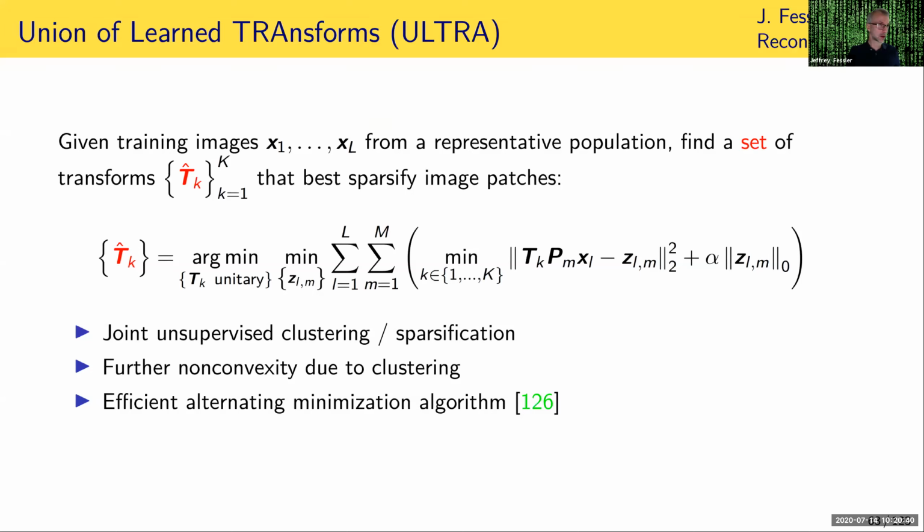No explicit encouragement, but I think there is no benefit to learning the same transform twice, right? If you happen to have 2 transforms that were exactly the same, I am sure I could immediately reduce the cost function by taking one of those and changing it to something else, because some of the patches would then be better sparsified by that modified transform, and the original ones that were happy with the original transform would stay where they are.